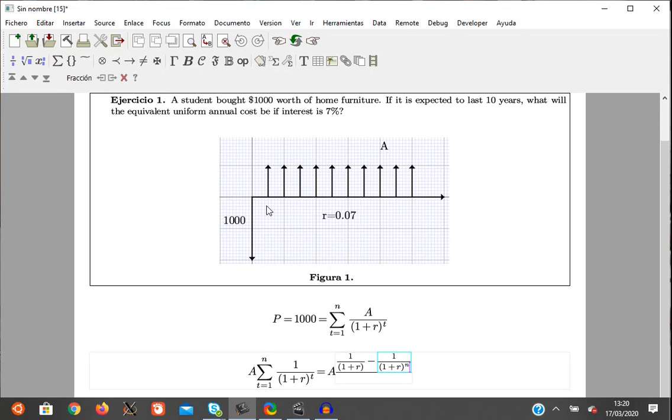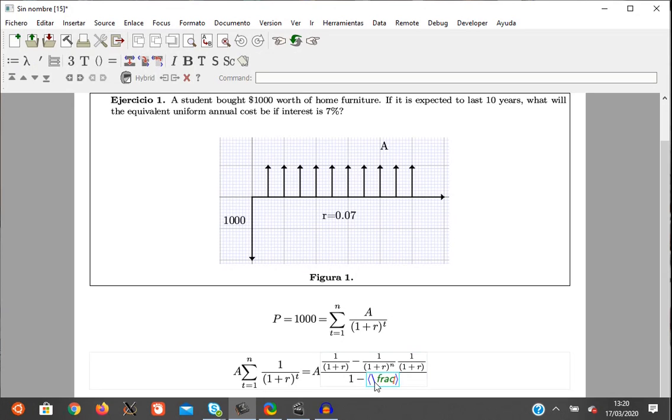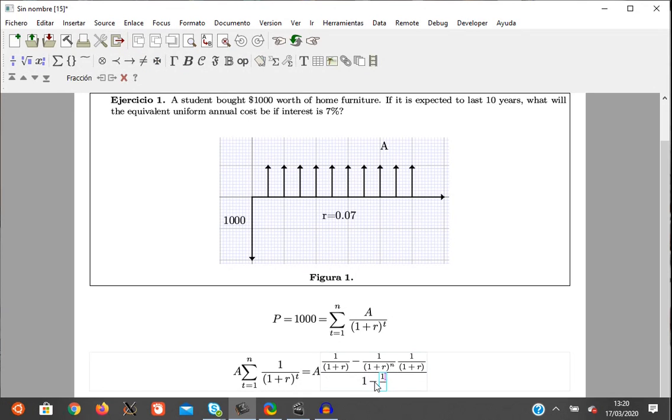Okay, if we now operate in this expression, we will see that at the lower part of the fraction, this expression is transformed into 1 plus r minus 1, that is r.